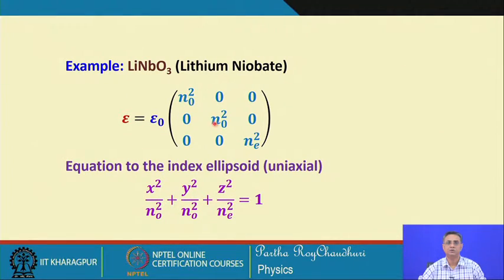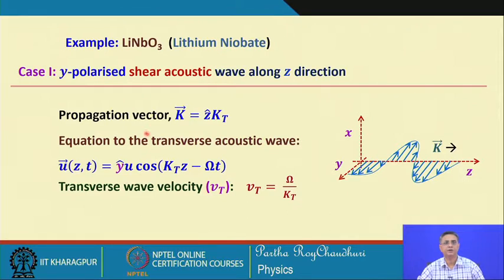These represent the ordinary refractive indices, and this represents the extraordinary refractive index. So, the equation of the index ellipsoid of this uniaxial lithium niobate medium will be given by this equation, where these are, under the principal axis system, the refractive indices.